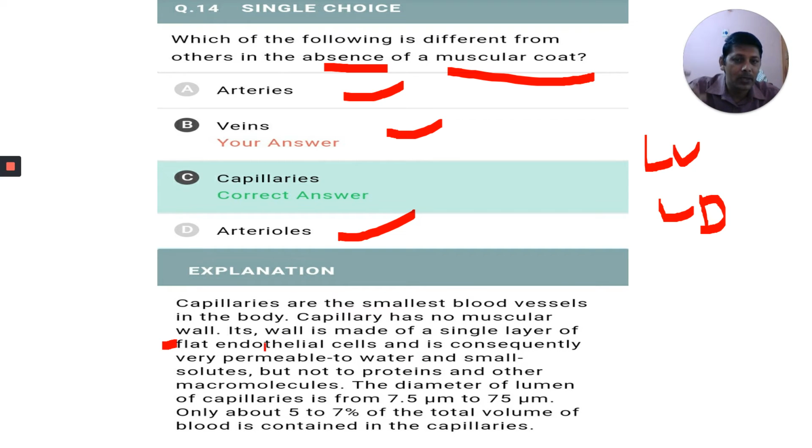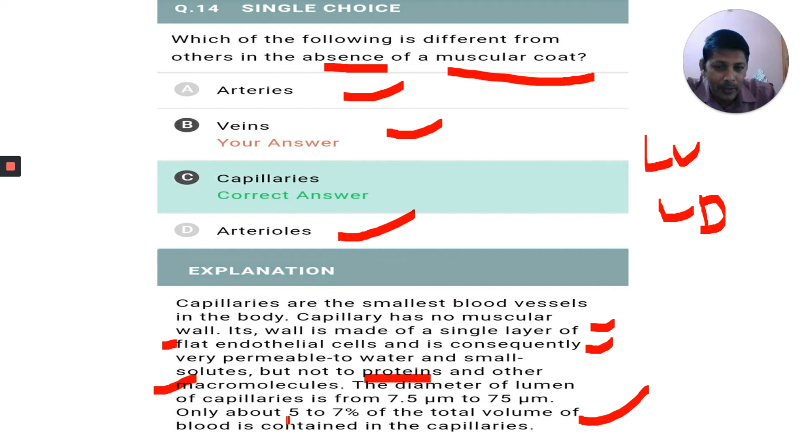As it is made up of a single layer of cells, it is permeable to water and small solutes, but impermeable to proteins and macromolecules. The diameter of the lumen of the capillary is from 7.5 micrometers to 75 micrometers.